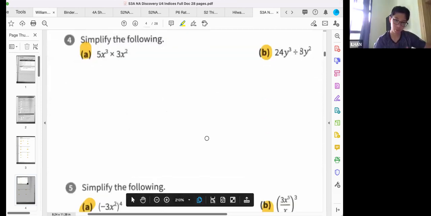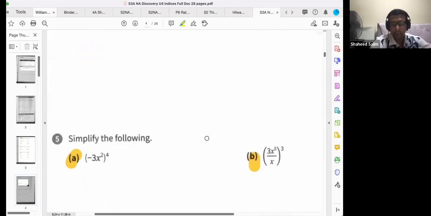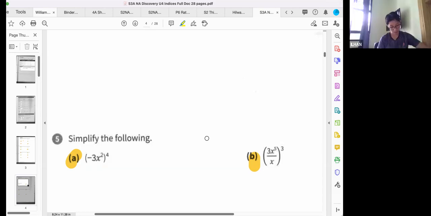So what about 5A? Equals negative 3x to the power of 8. Okay.